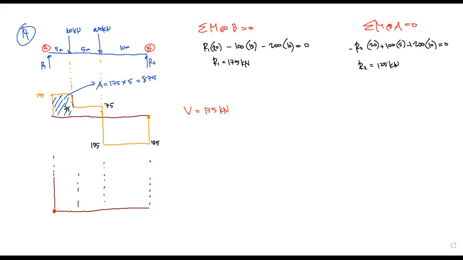So this will have a value of 875. Okay. And next you have to consider the area here, the second section.